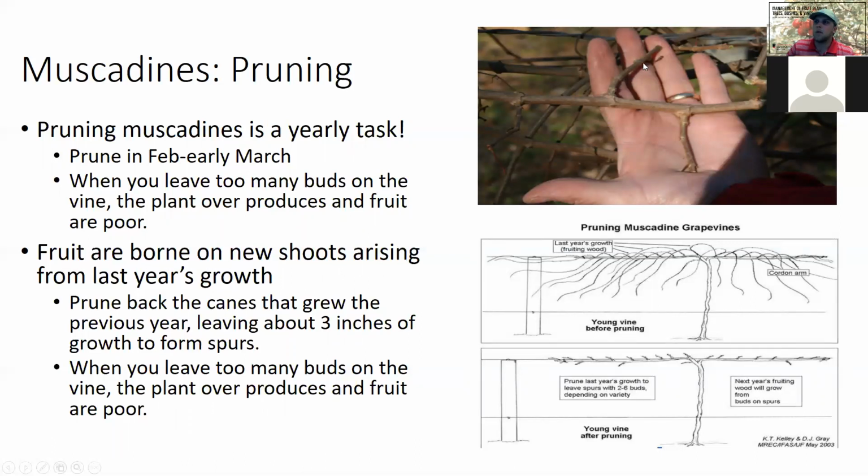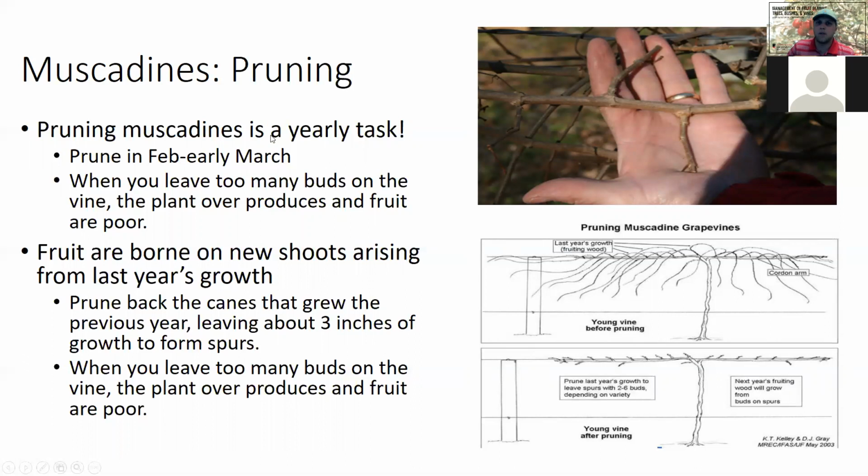You're going to try to leave about 3 inches on your spurs, with about 3 to 4 buds on each spur, and you'll see them, 1, 2, there's probably 3 there. There's 1, 2, 3 on that one there.